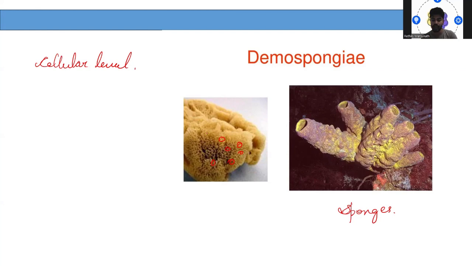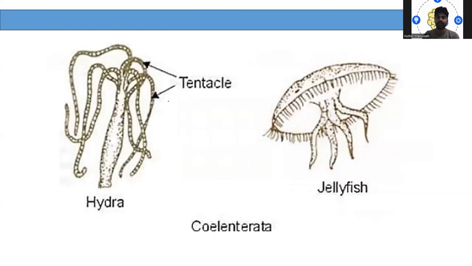So the cellular level of organization can be seen in sponges. Some division of labor also occurs among the cells.